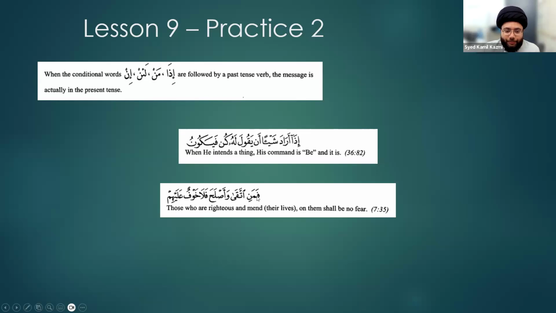Let's look at the next example. فَمَنِ اتَّقَى وَأَصْلَحَ فَلَا خَوْفٌ عَلَيْهِمْ. What's happening here? Man has been brought on top of what? Ittaqa or attaqa.